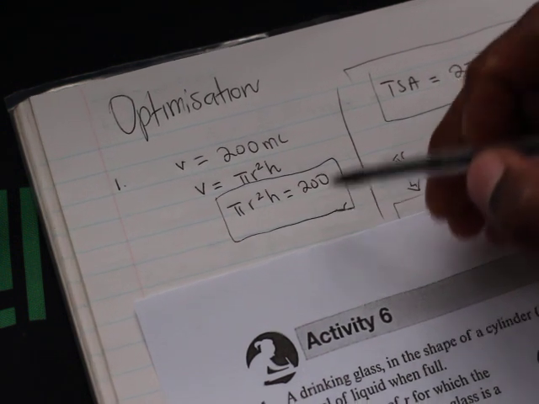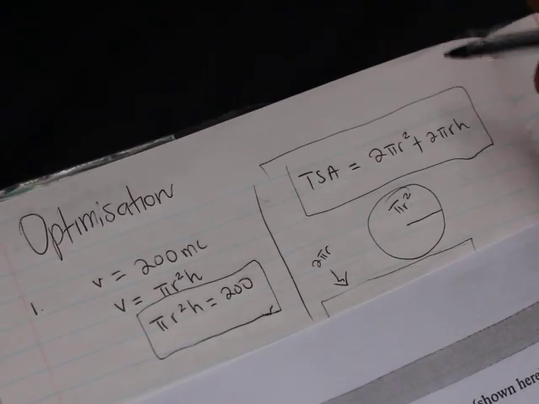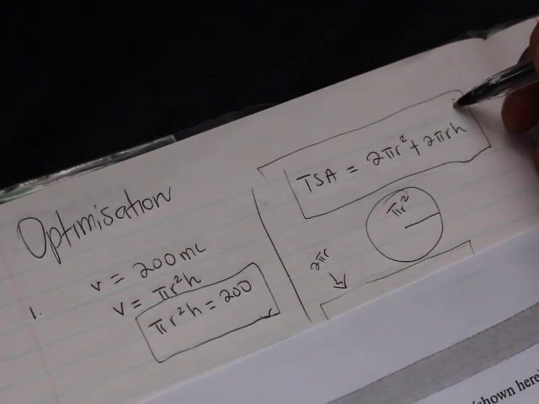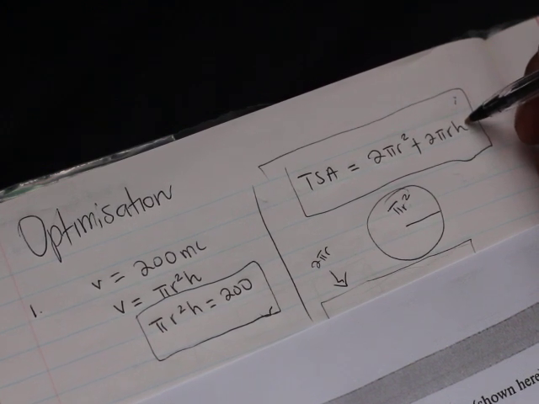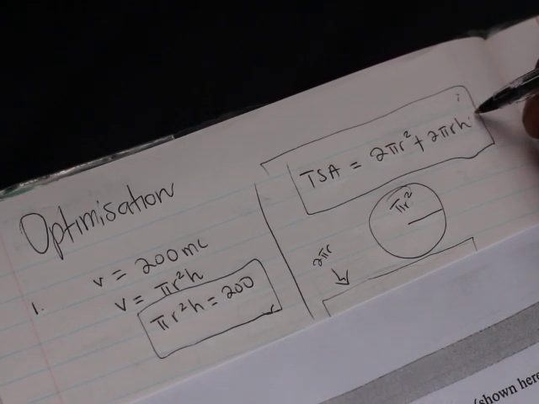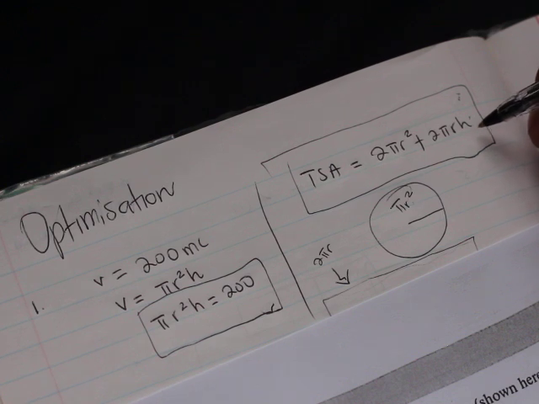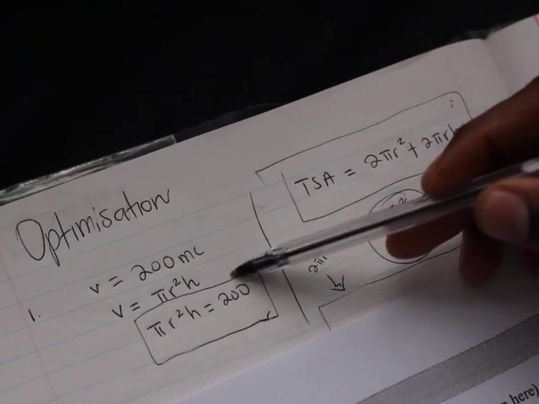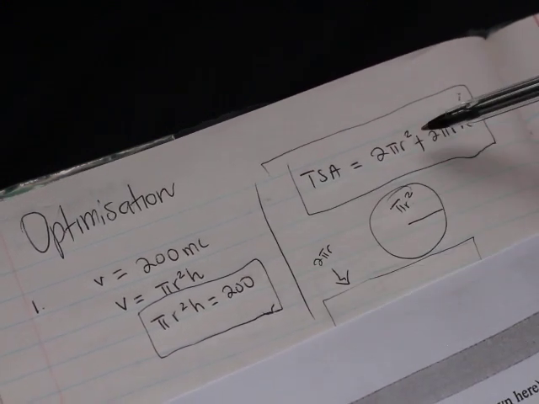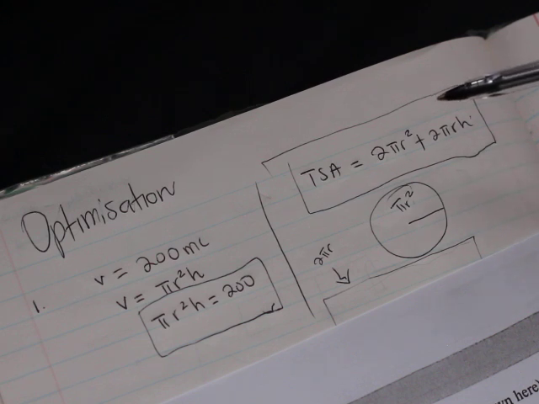Why are we making the h the subject of the formula? Because if you look at the total surface area formula, the only thing that we don't want is the h, right? We already have it in terms of r, but we don't want the height. Okay, that's what we're going to make the height the subject of the formula, so that when we substitute this side, the height disappears and everything becomes in terms of r.